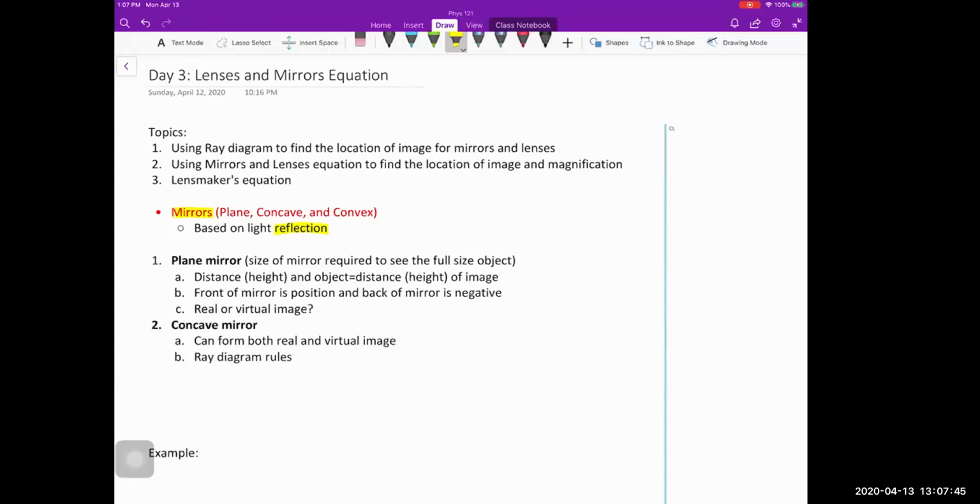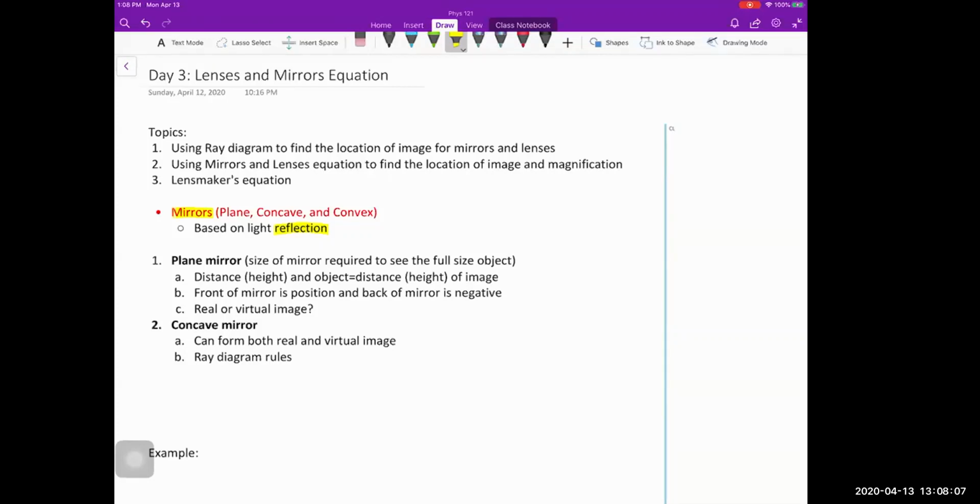Doesn't matter what kind of image that you have, real or virtual, we can always see it. We can see the real image. We can also see the virtual image. Most of the time, actually all the time when you look at the mirror, you're looking at yourself. That image is what we call the virtual image.